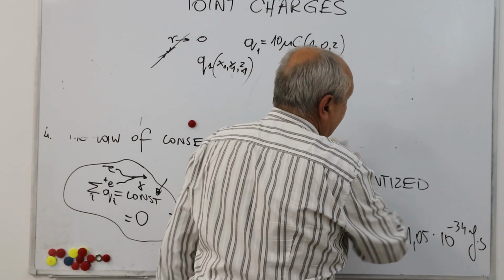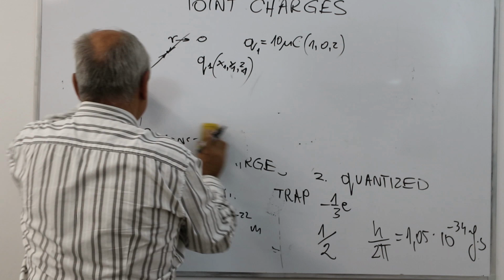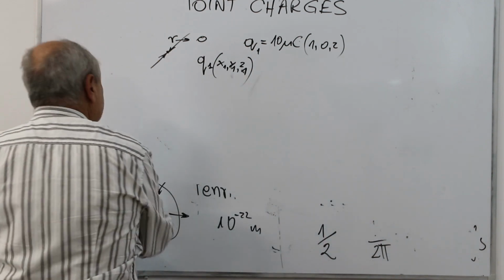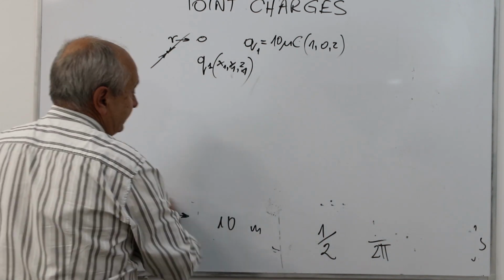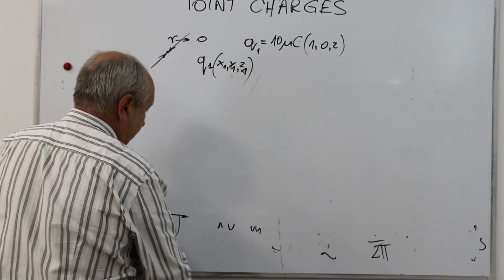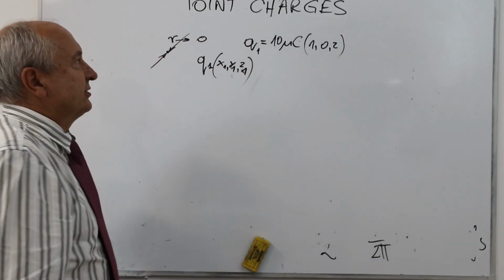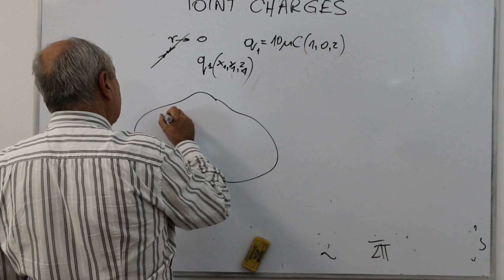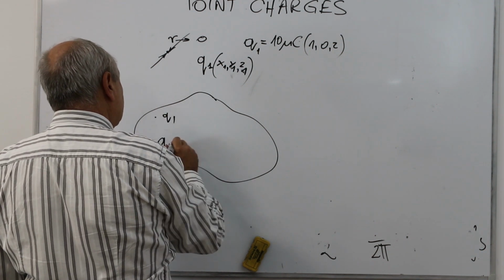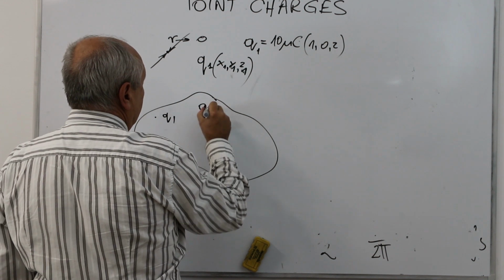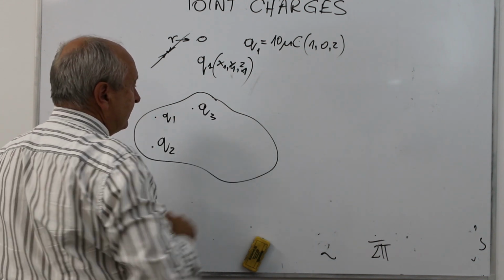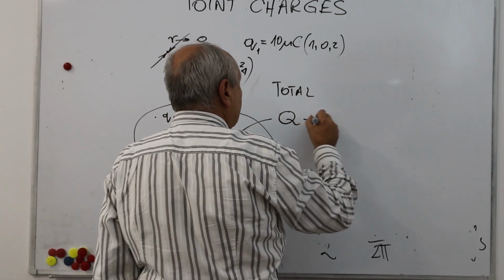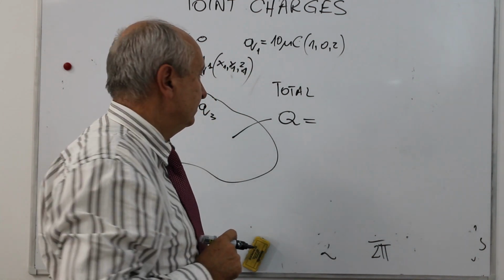If we have more than one charge, we can speak about a charge distribution, in this case a point charge distribution. If we have here Q1, Q2, Q3 and so on, the total charge is very easy to find.